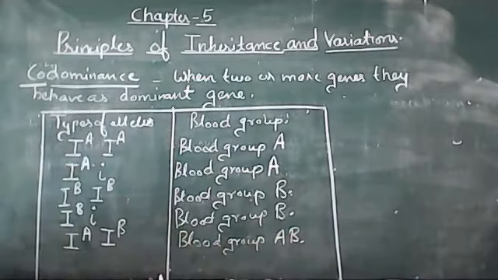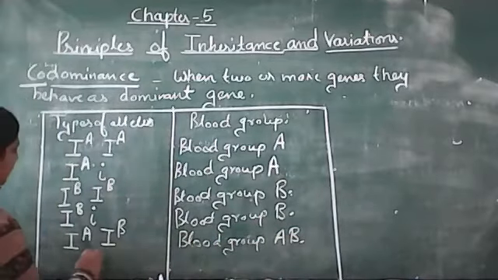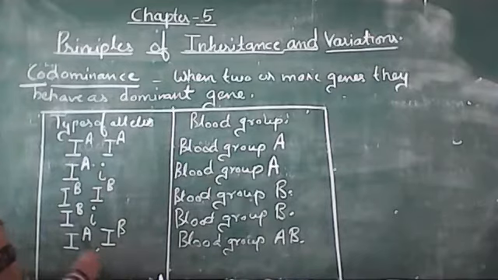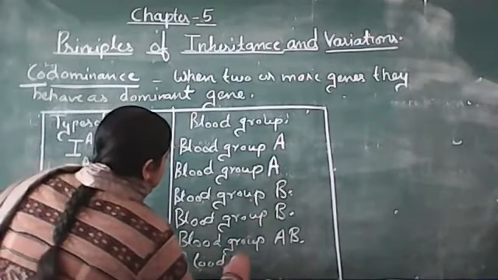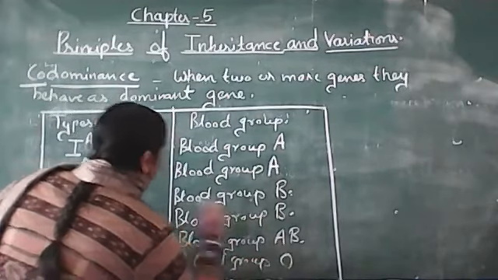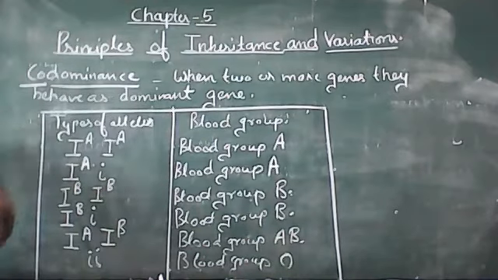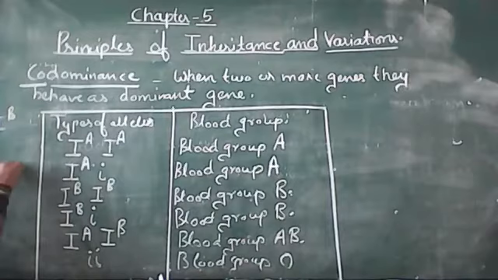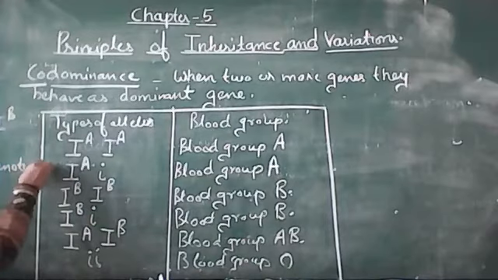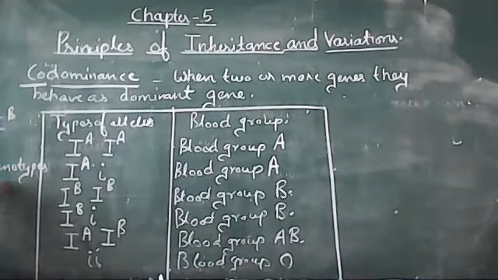AB. And the sixth situation is that both the alleles are the recessive one, that is small i. So in that case, the blood group of that person is O. Okay students, in this way, on the basis of these three alleles, IA, IB and small i, we obtain six phenotypes for blood groups in humans.